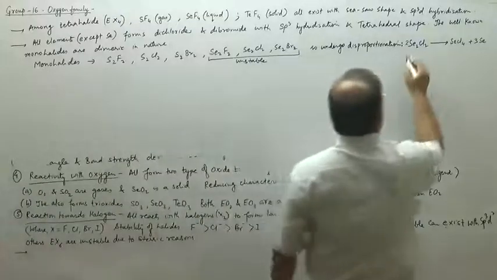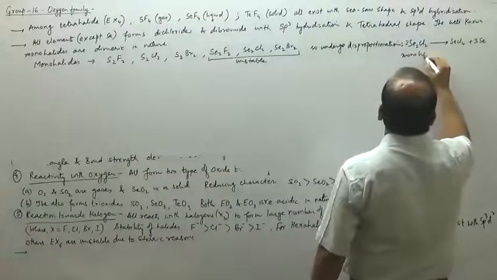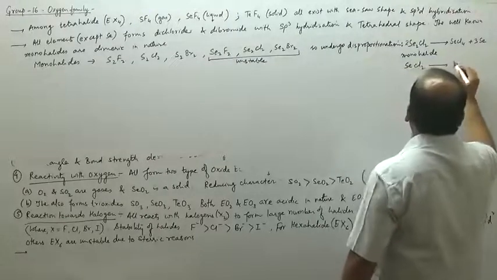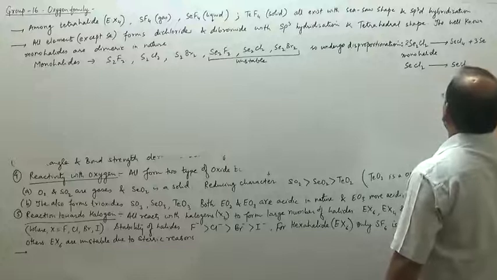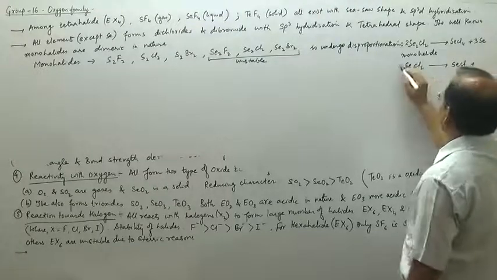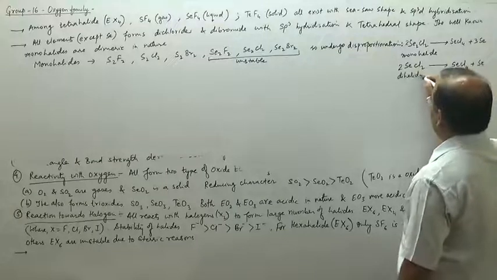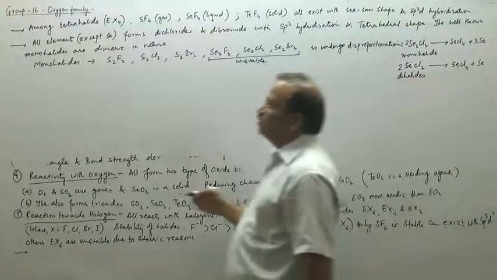This is monohalides, and the dihalide is like this: SeCl2 also gets converted into SeCl4 plus Se. So this is dihalides. The dihalide as well as the monohalide, they both are unstable.